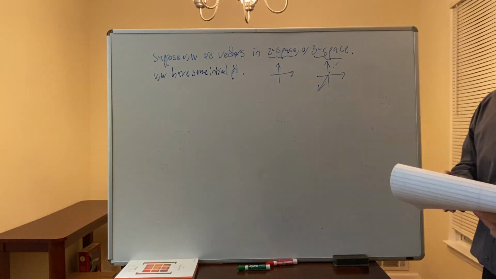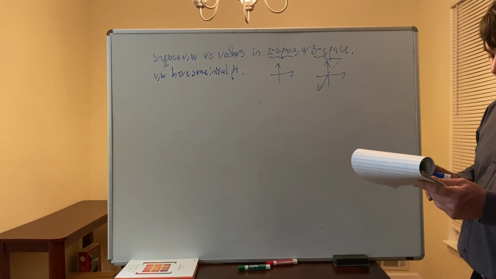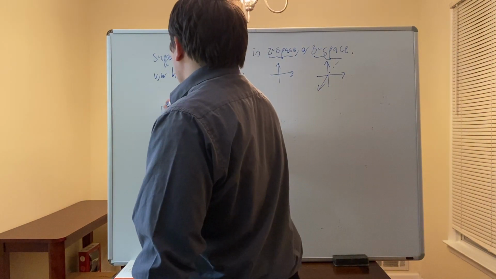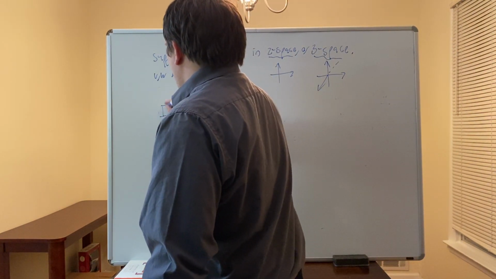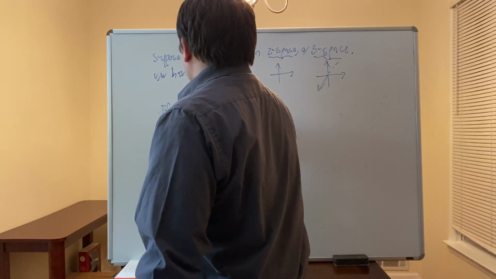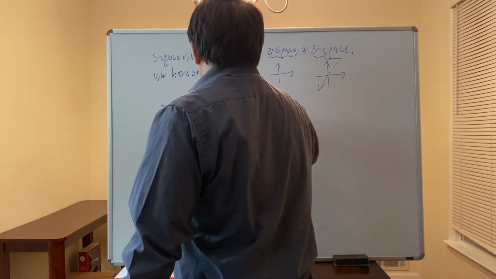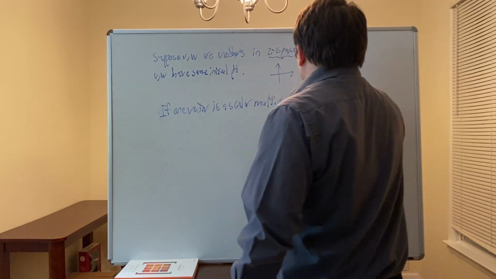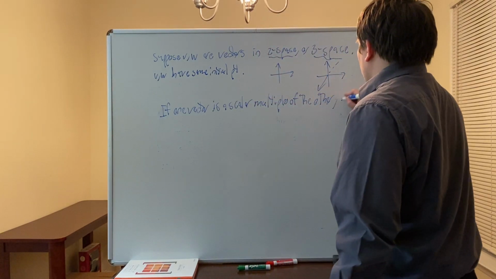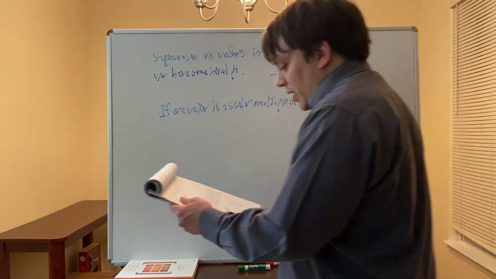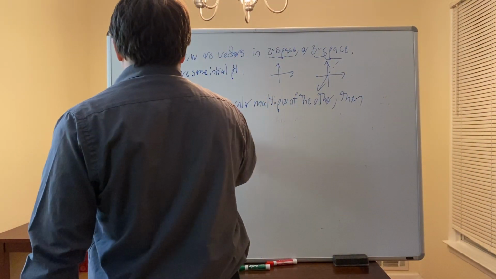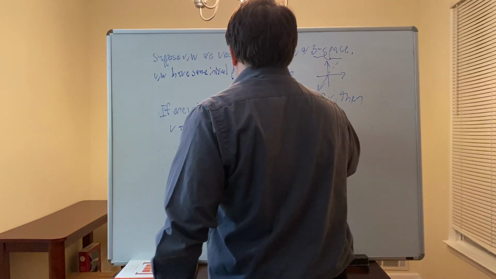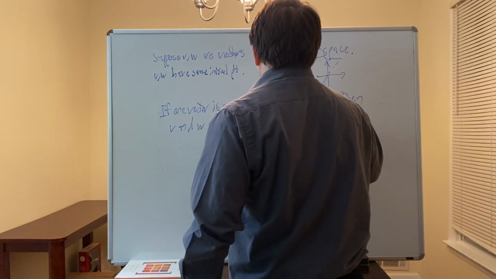If one vector is a scalar multiple of the other, then V and W are on the same line. And what that means is that they're collinear.